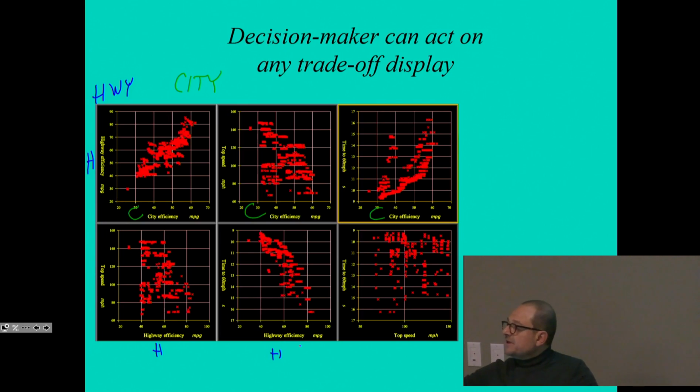Then I have something else that I'm going to do in black that I'm going to call acceleration, A, okay? And acceleration would be time to 60 miles per hour. Oops, black doesn't work very well. A, acceleration, and so on.